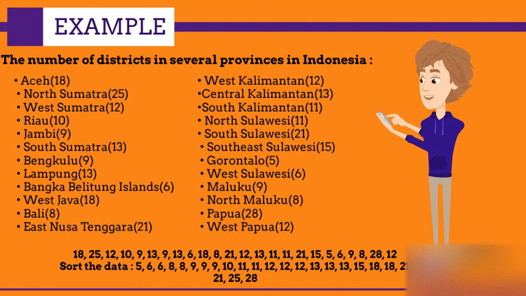But remember guys, the first step for calculating quartiles and deciles, we have to sort the data from the smallest to the largest, so that it becomes 5, 6, 6, 8, 8, 9, 9, 9, 10, 11, 11, 12, 12, 12, 13, 13, 13, 15, 18, 18, 21, 21, 25, 28.